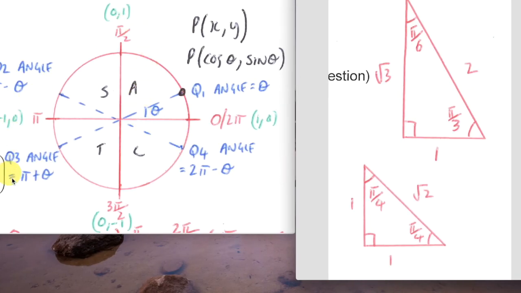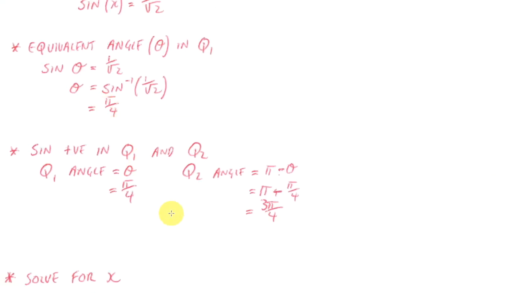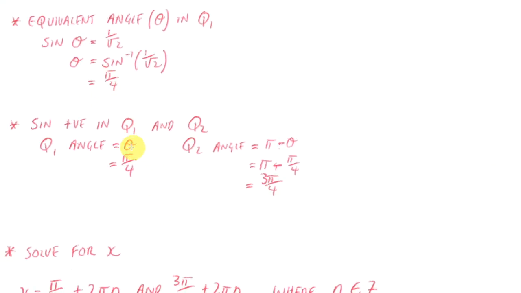And that's from this information here. So in the first quadrant, my quadrant 1 angle is simply theta, and in my second quadrant, the angle swept from there to there can be written as pi minus theta. So I'm able to work out that my solutions for one forward revolution of the unit circle are pi on 4 and 3 pi on 4.